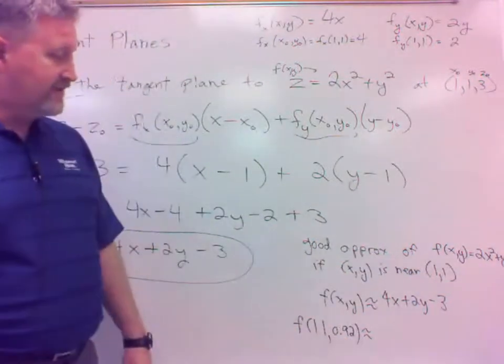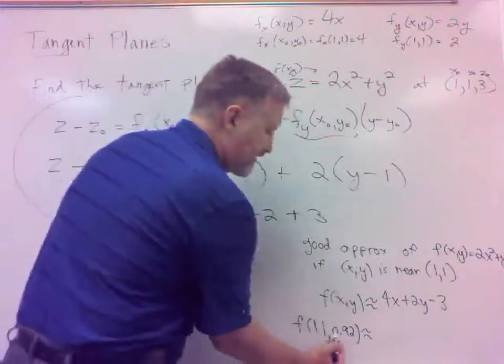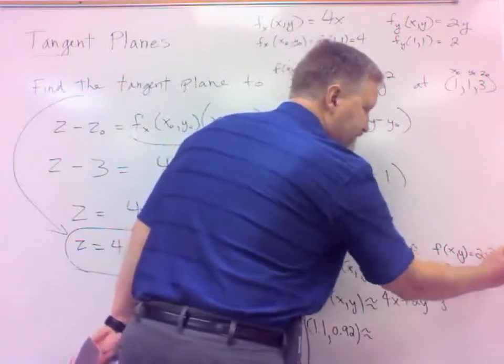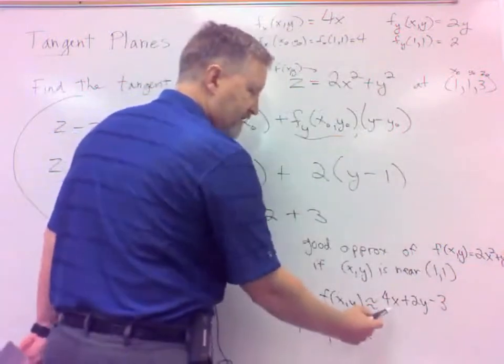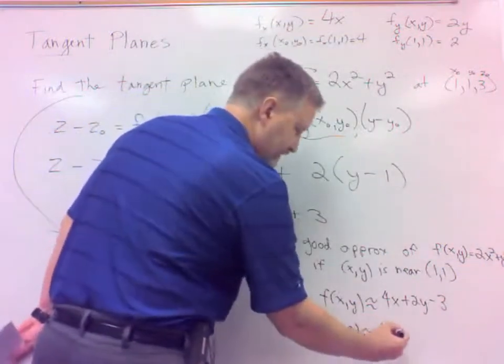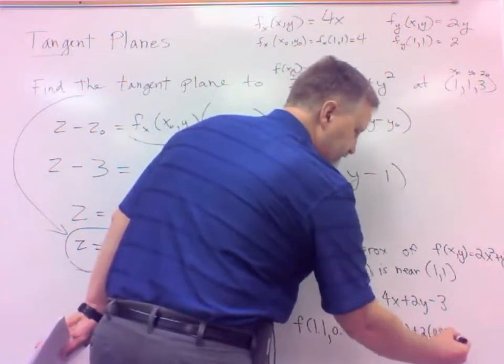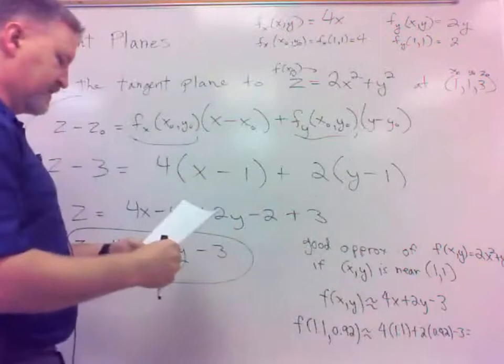So the x and y are pretty close there. And so instead of having to plug that into 2x squared plus y squared and get that value, we can just do it here, right? We can do 4 times 1.1 plus 2 times 0.92 minus 3, which I think gives me, what does that give me?